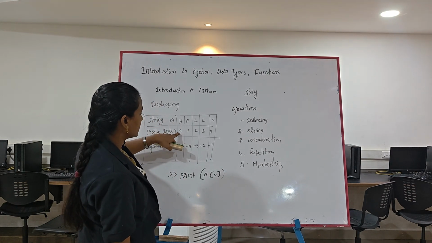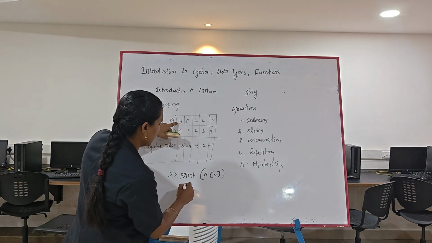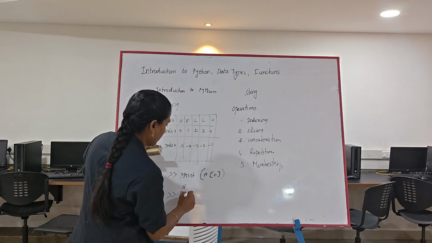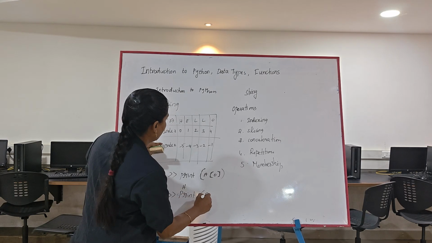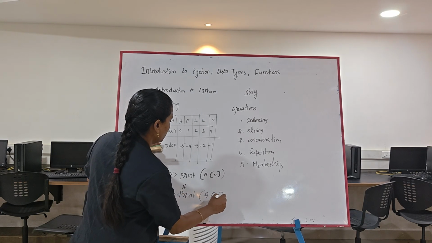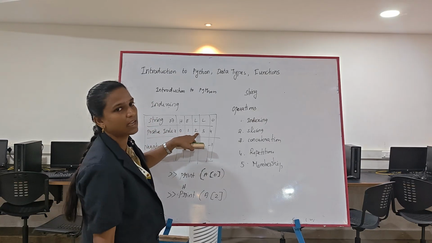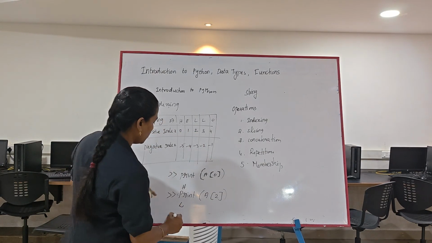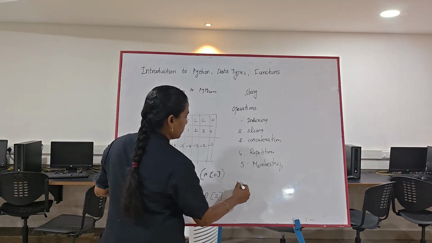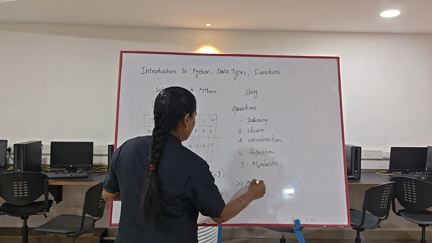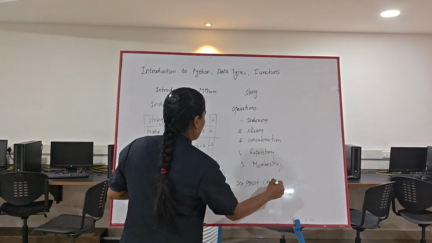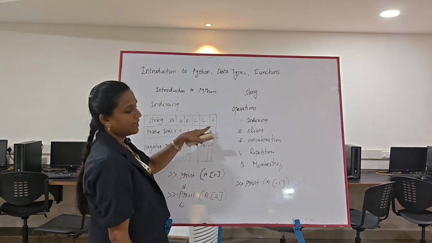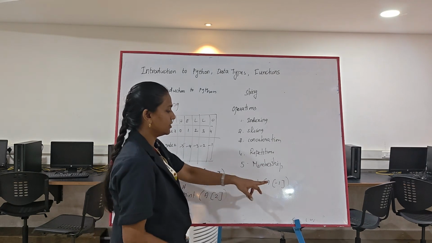A of 0 means the first one, so H will be displayed. If I give print of A of 2, so 0, 1, 2, L will be displayed. If I give print of A of -1, then O will be displayed. So this is the negative index.